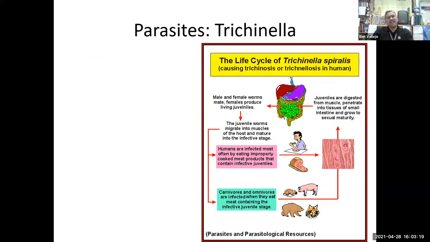And then for parasites, we have another worm called Trichina or Trichinella. It used to be a big problem in pork. People would say, I don't eat pork because you could get trichinosis. Well, trichinosis is when you get the cysts of these worms in your muscles, and it feels like arthritis.